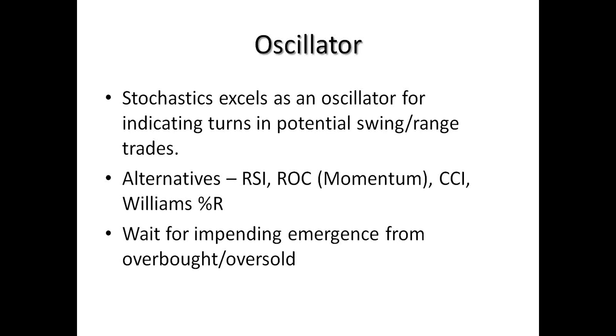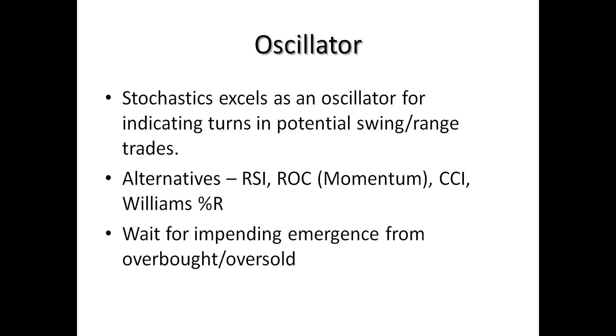Same thing on the bottom near support. If you have a support level, and the oscillator is already in oversold below 20, and it crosses above the 20 area, that for me is just yet another confirmation that perhaps price is turning near support. So very, very important there: I'm looking for an emergence from overbought or oversold, not an entry into overbought or oversold.